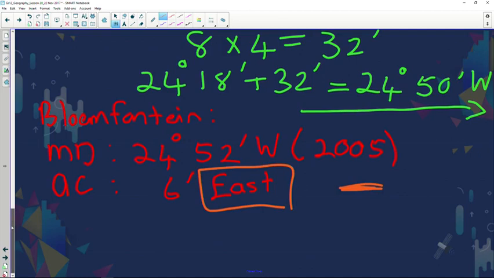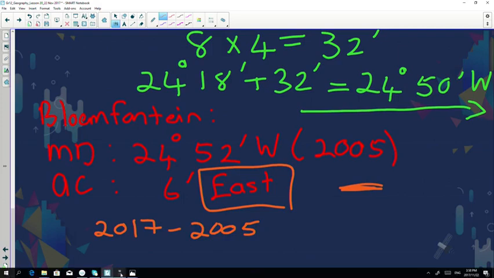Now, if you look at the question, calculate the present magnetic declination for Bloemfontein. So what we're saying, 2017 subtracting 2005, because that was when it was recorded.